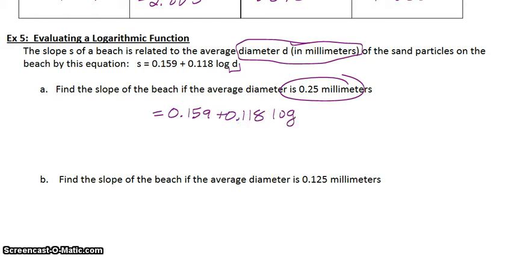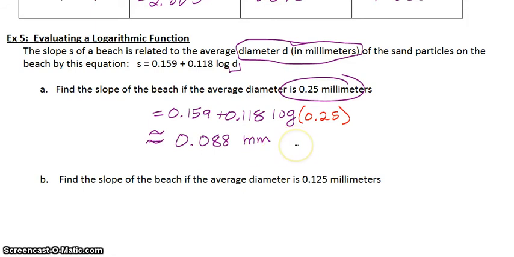Instead of D, I put 0.25. This can all be entered into your calculator, and you should end up with approximately 0.088 millimeters. It's really, really small, but that makes sense, right? Because if you take a single grain of sand, it's almost not humanly possible for us to measure the diameter of that sand particle. So it is really, really small.